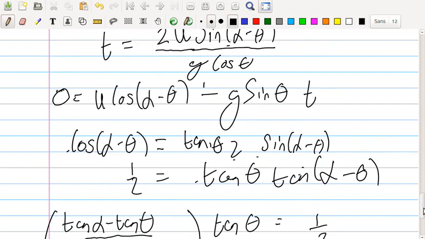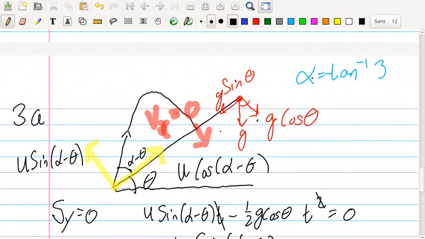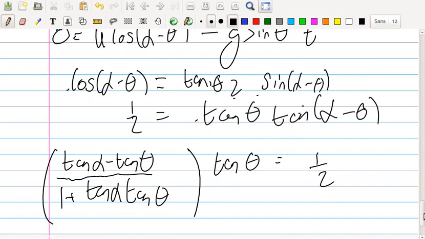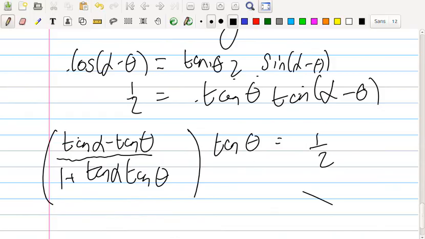If we go back up to the top for a moment, we remember that alpha is tan inverse 3, which basically means tan alpha is 3. So I'm going to replace this tan alpha here with a 3, and this tan alpha here with a 3.